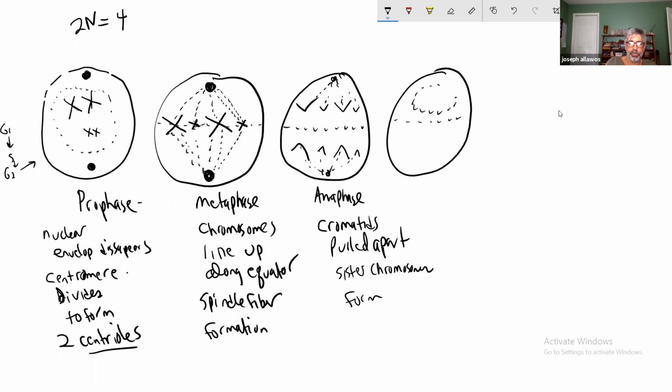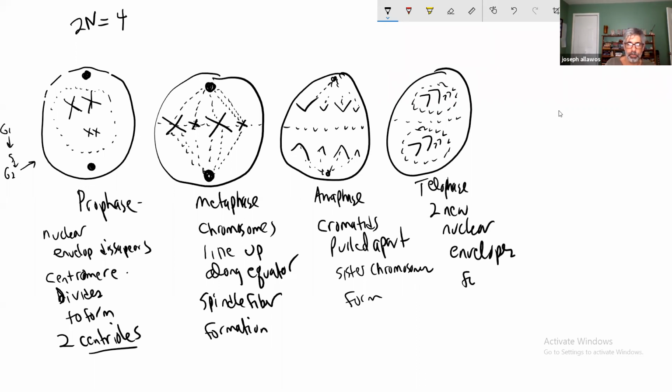And then in telophase, what we have is two new nuclear envelopes forming around the two new complements of chromosomes. Two new nuclear envelopes form.